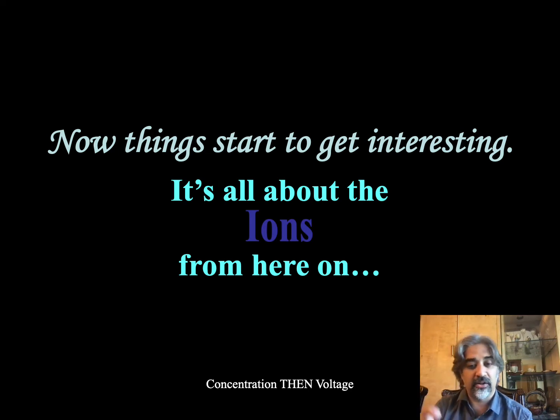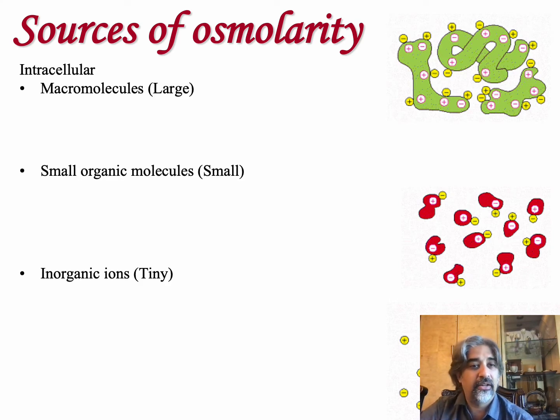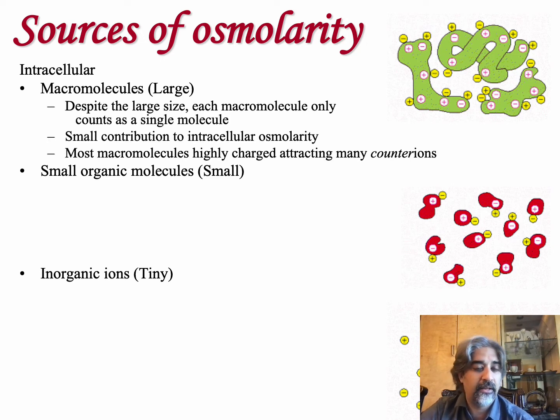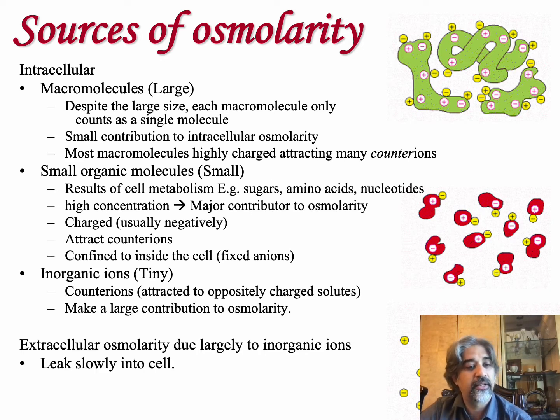So first, I think it's good to think about what's happening with concentration, and then you understand that voltage is a byproduct of the concentration changes. So what you have is a cell, and inside the cell, there are these large macromolecules, and they're all negatively charged. And they attract lots of small positive counter ions.